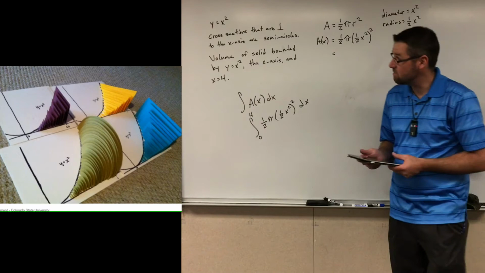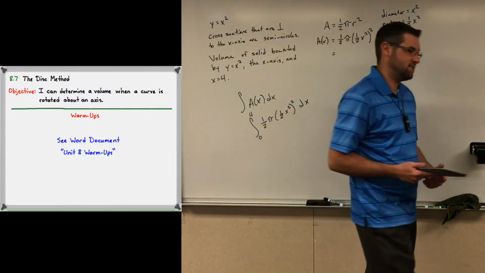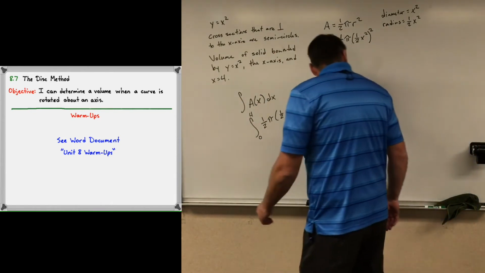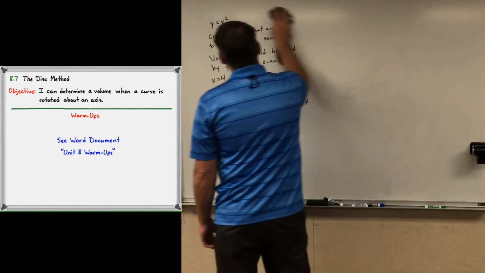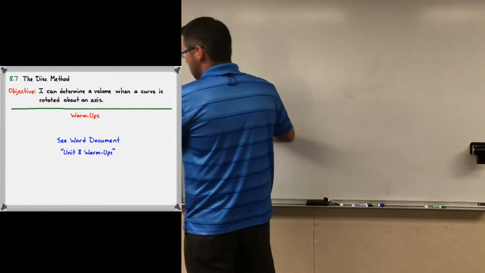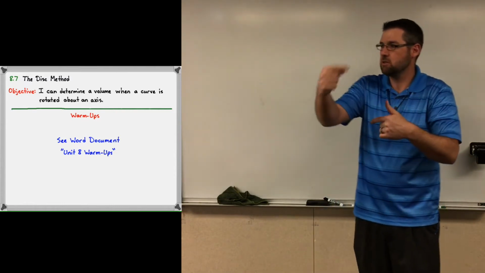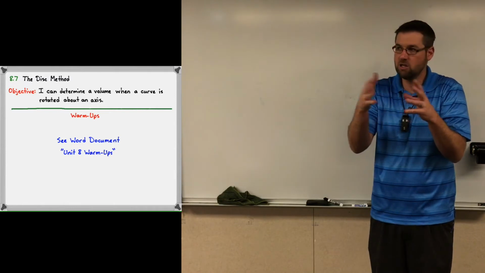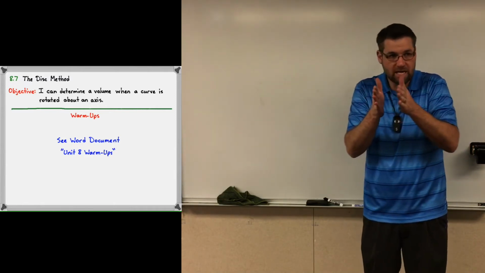Here's the fun stuff, the disk method. We are going to do basically the same thing, but we're going to be talking about disks. In the picture we were talking about, what did the person do? They cut out a bunch of shapes, semicircles, rectangles or triangles that were all different sizes, and then glued them right next to each other.